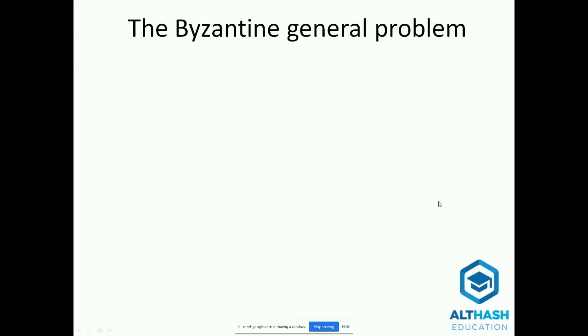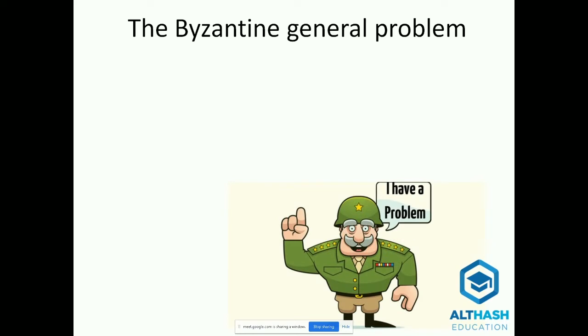The Byzantine general problem. Now, the Byzantine general problem is a computer science problem that was first referenced in 1982, and it posed the problem of how can multiple parties find a way to guarantee full agreement or consensus before an action is taken, or risk catastrophic failure.